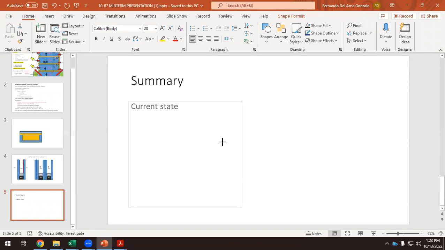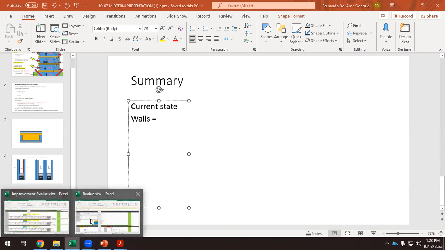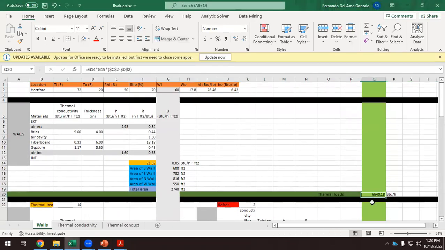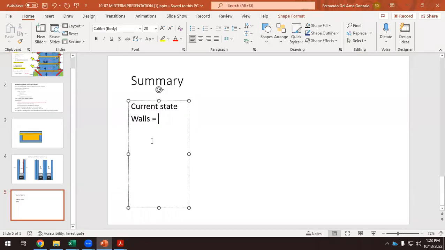This is what we have found when we got our building. We have the walls, the total thermal loads through the walls is this value, 6,640 BTU hour.